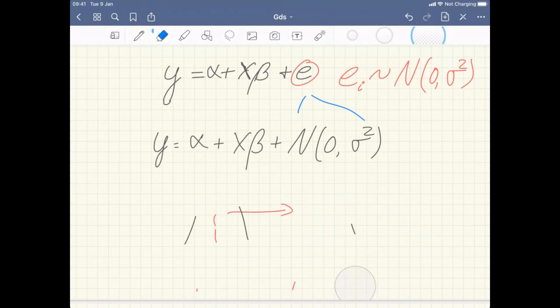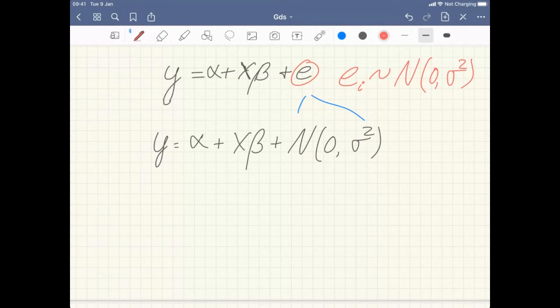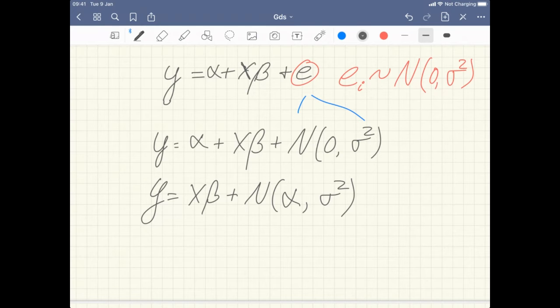So, this means that when I can write y is equal to alpha plus x beta plus this normal distribution, I might say y is equal to x beta plus a normal distribution with a mean of alpha and a variance of sigma squared.